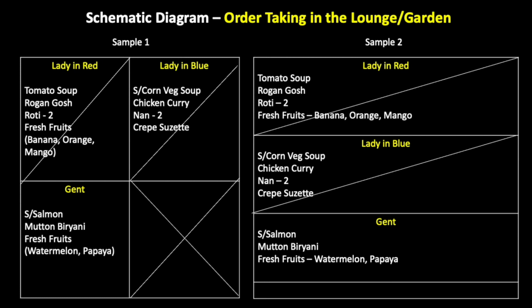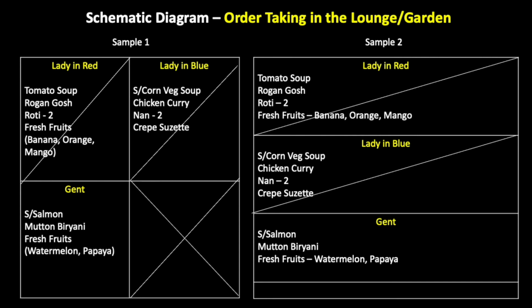A schematic diagram is just like a KOT, but 2 small pieces of paper. You have a sample 1 and you have a sample 2. Now, it is common practice that whenever you take a lady's order, you put a line across that section of the diagram.